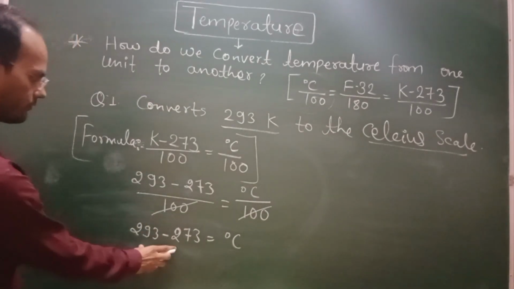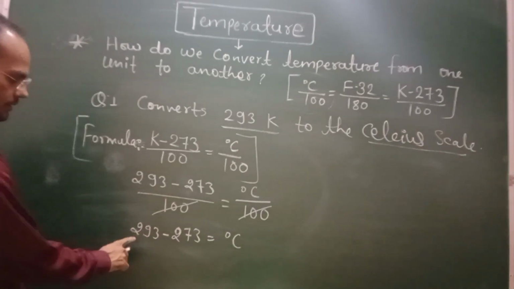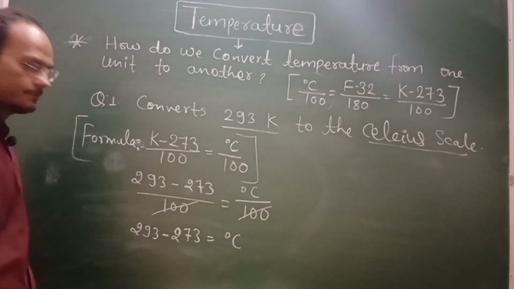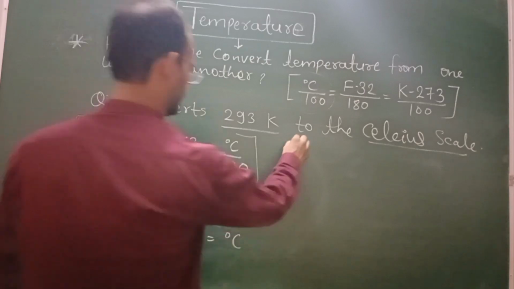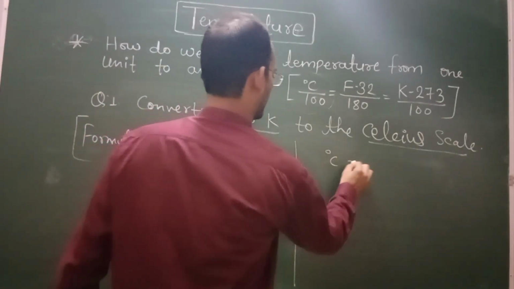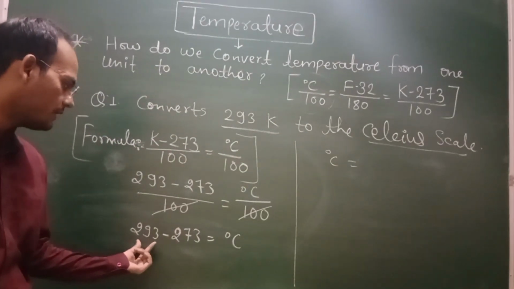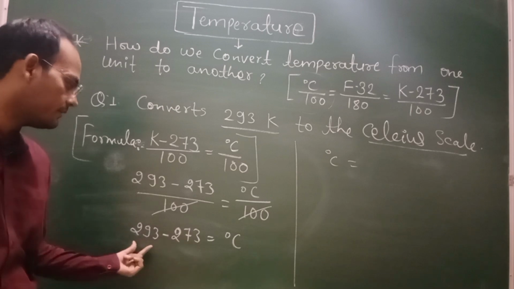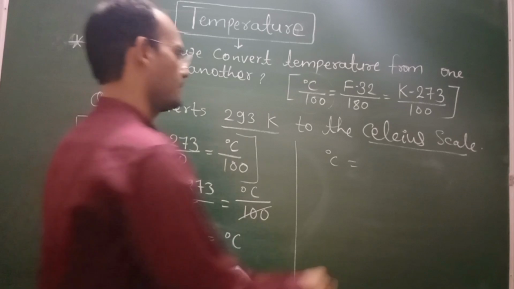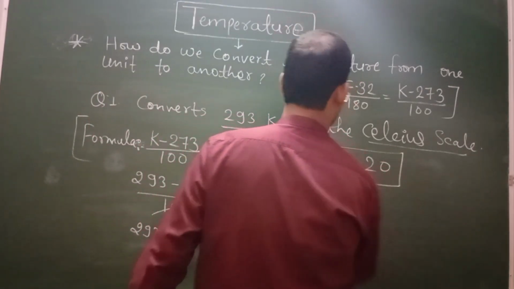Okay, now calculate this. 293 minus 273. What will be the answer? 20. So degree Celsius is 20.